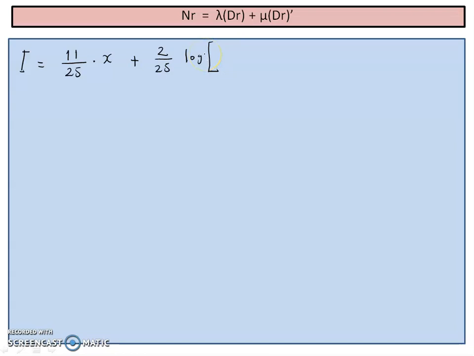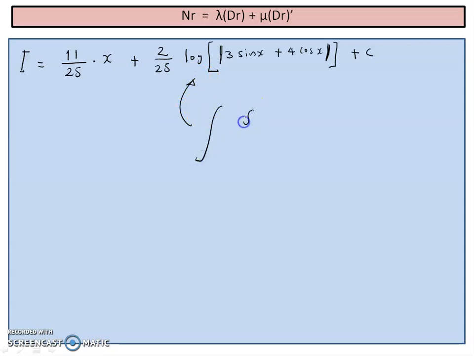Denominator क्या है बच्चों? 3 sin x plus 4 cos x, plus constant of integration. Now here in log we write modulus value because we cannot take log of any negative number, so this is taken as a modulus value.